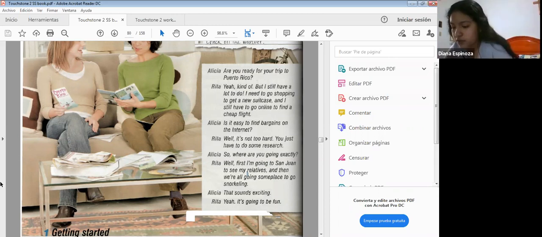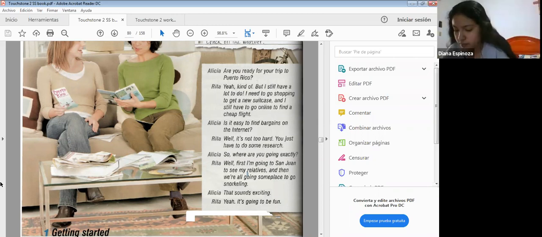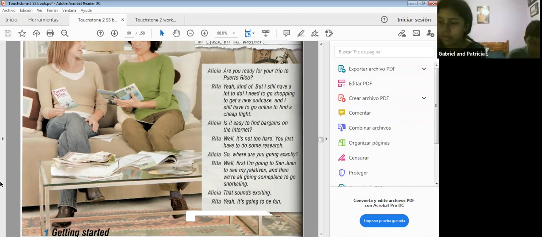Are you ready for your trip to Puerto Rico? Yeah, kind of. But I still have a lot to do. I need to go shopping to get a new suitcase, and I still have to go online to find cheap things. Is it easy to find bargains on the internet? Well, it's not too hard.